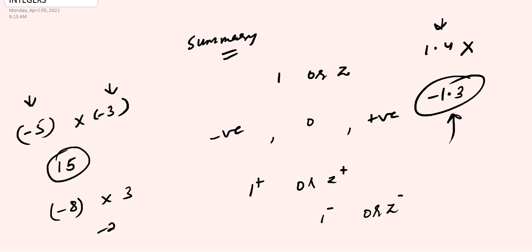So minus 8 into 3, minus 24. Okay. Then two positive integers, 3 into 3, answer again a positive integer, which is 9. Okay. So multiplication of integers is over now. Our next topic is properties of multiplication of integers, which I will explain in the next video.